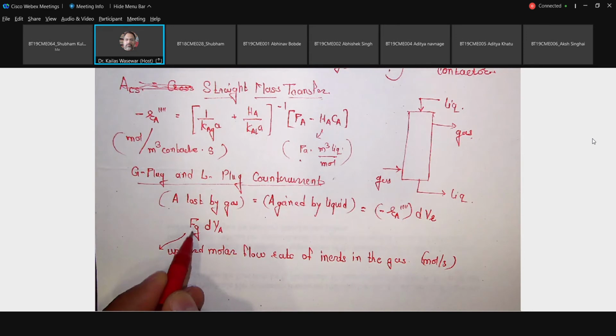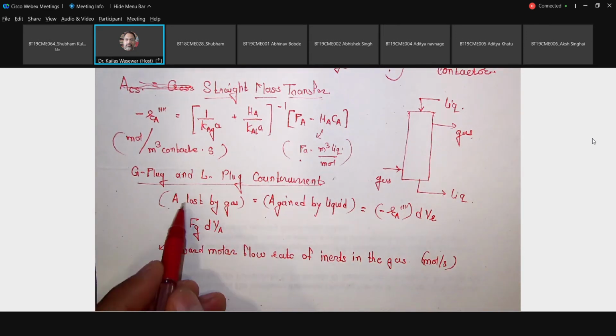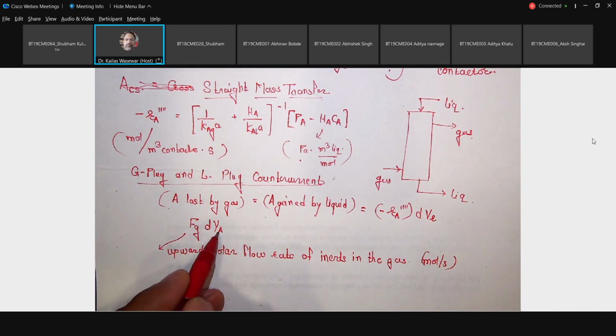So capital Fg. So definitely this Y will be what we are talking about. It should be per unit moles of inert. So this particular Ya is what?